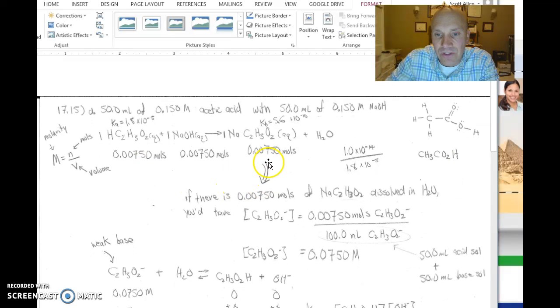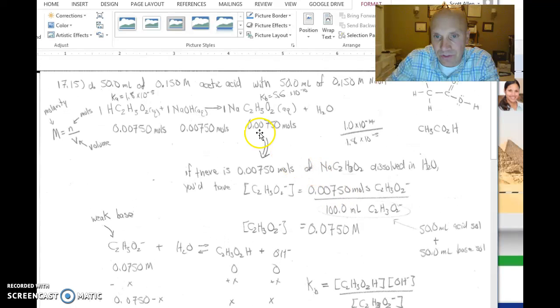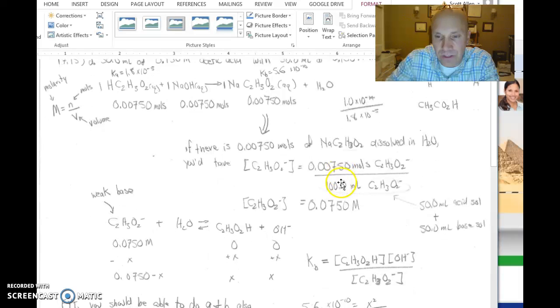So anyways, since it's an ionic compound, you have free acetate swimming around. All right. So we could calculate how much you would have. So since you've got 0.0075 moles of the compound overall, you'd have the same number of moles of acetate because there's one acetate ion per one of these units right here.